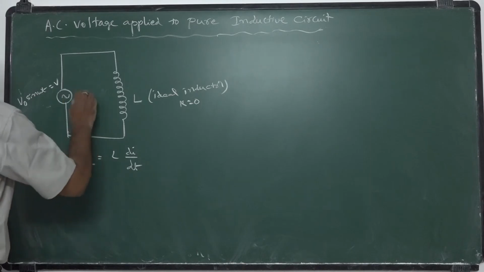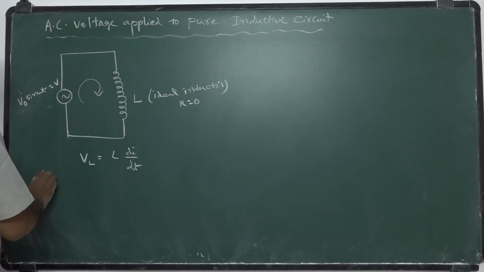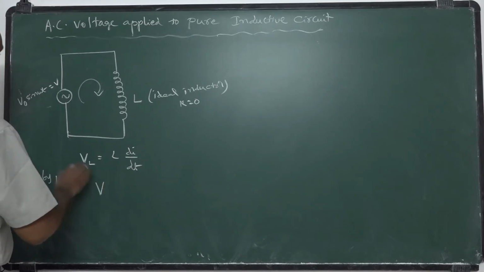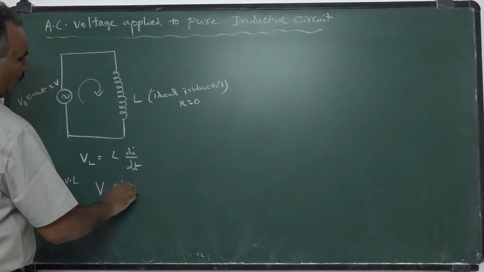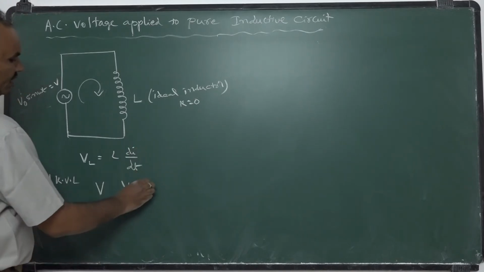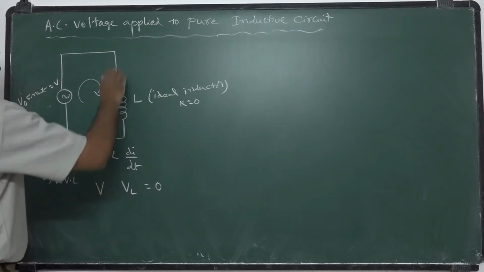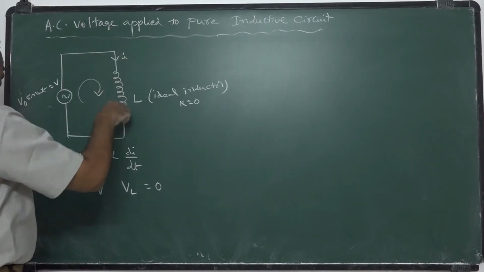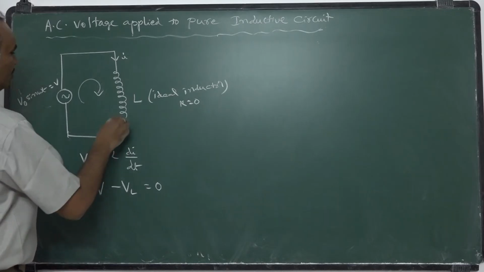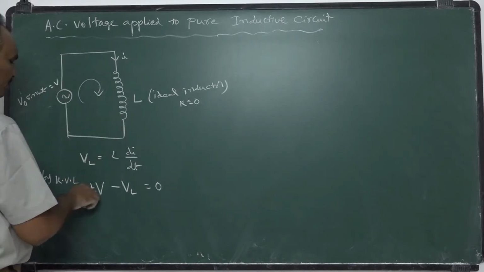Now, if I apply KVL, V, nothing but the applied AC source voltage, and VL, the voltage across the inductor, their sum must be equal to 0. Let me take a particular instant of time. If current is going from high to low, it is negative. If it is going from low to high, it is positive.